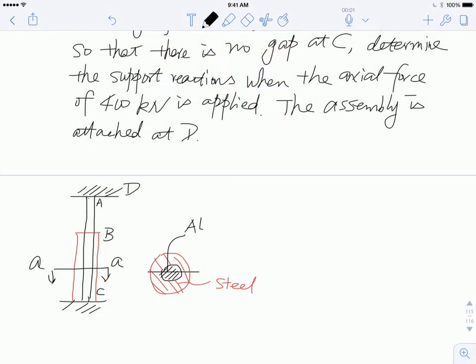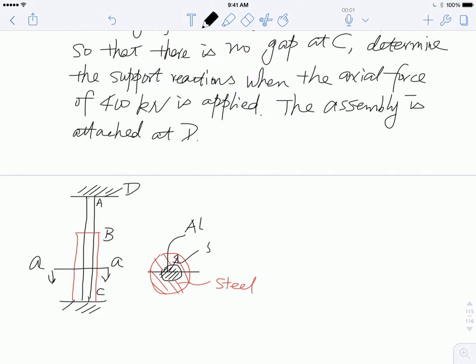I'll also give you diameter information. It's hard to draw now. The diameter of the stainless steel is 50 millimeters. The diameter of the aluminum is 25.